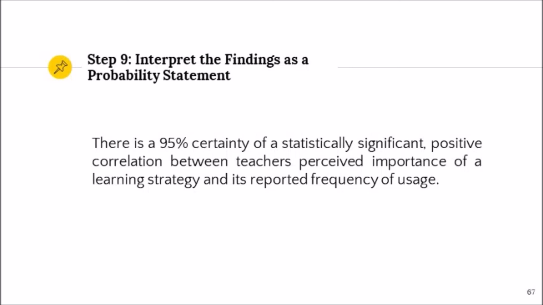The probability statement is this: there is now a 95% certainty of a statistically significant positive correlation between teachers' perceived importance of a learning strategy and its reported frequency of usage.